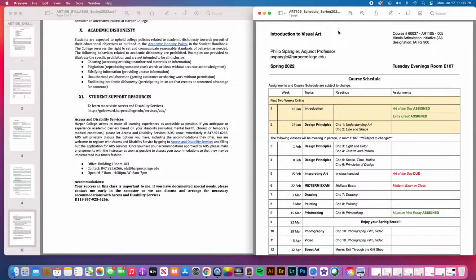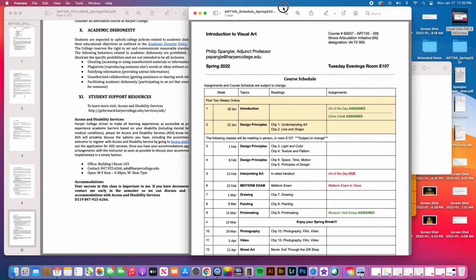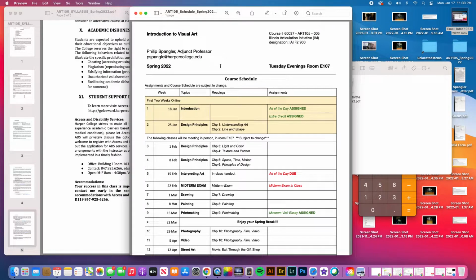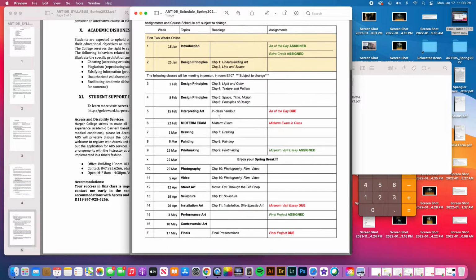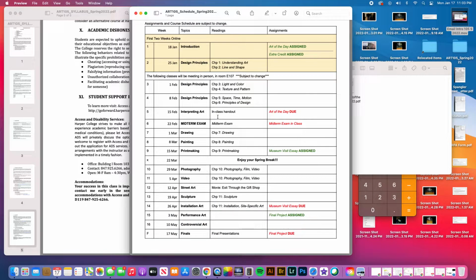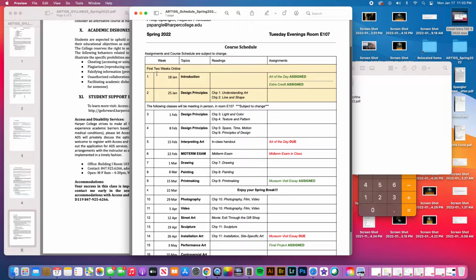Alright, so let's check out our course schedule real briefly. I made the schedule as easy as I could to figure out. As you see up here, these two highlighted rows, you've got the first 2 weeks online.